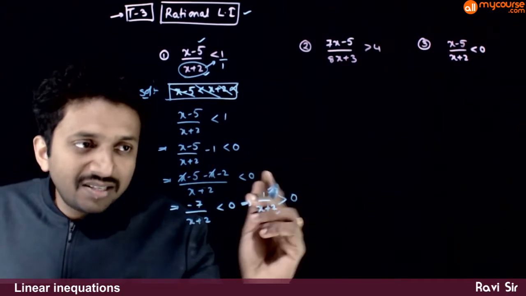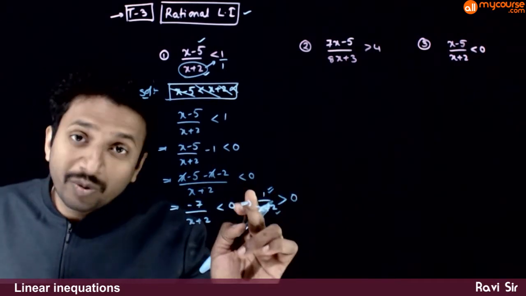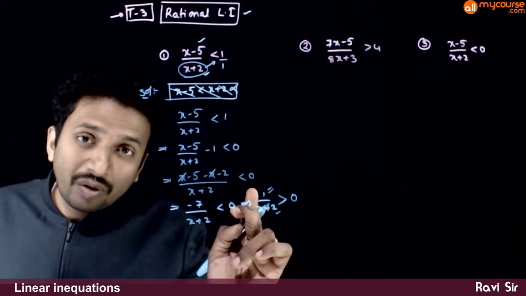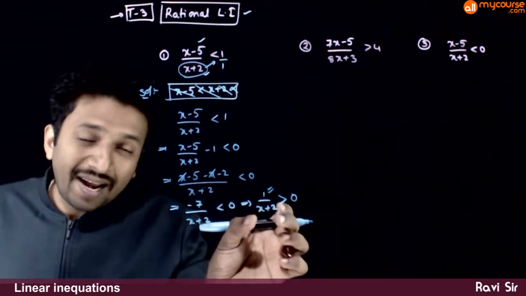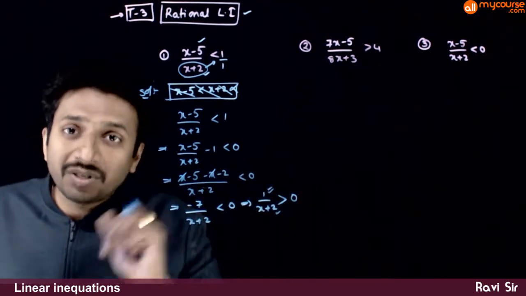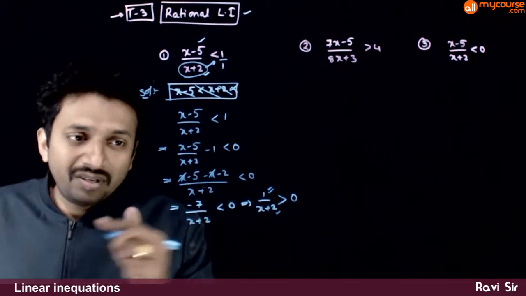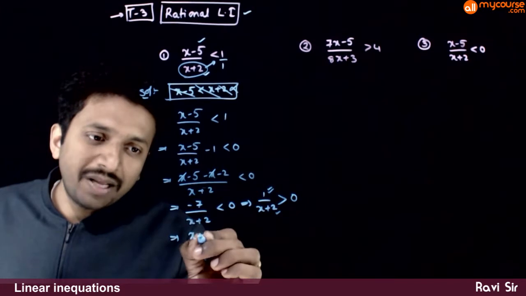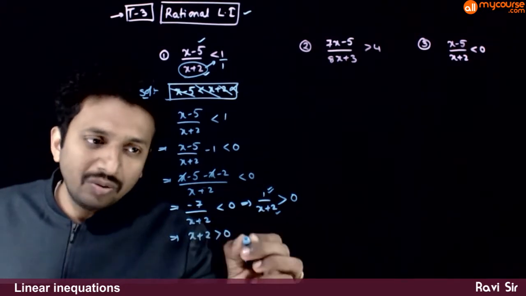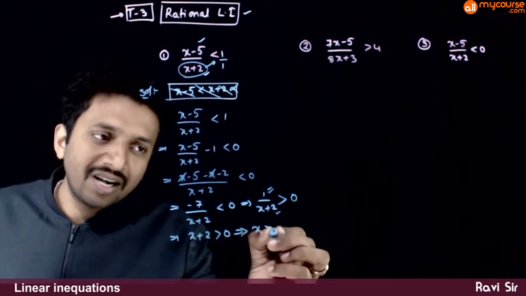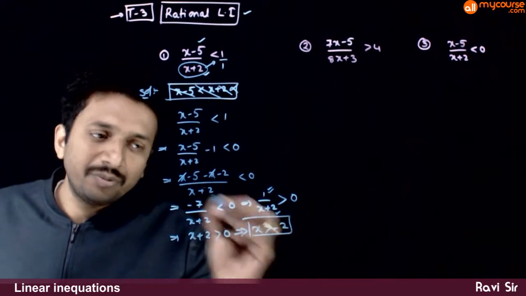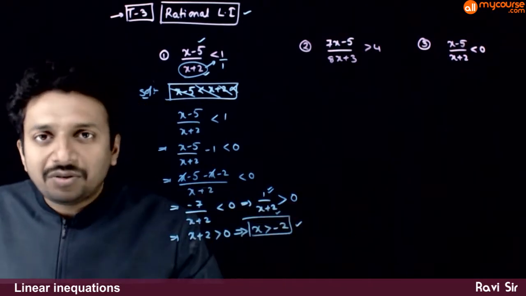And you can very clearly see that the numerator is positive. So if the numerator is positive and the fraction is also positive, then obviously the denominator has to be positive. So this implies x plus 2 has to be greater than 0. This implies x is greater than minus 2. So this will be the answer to this question.